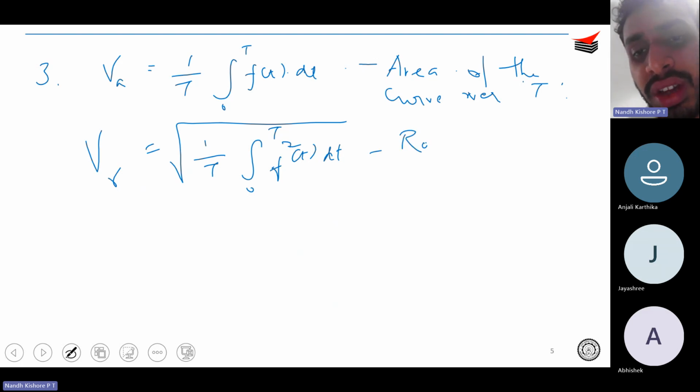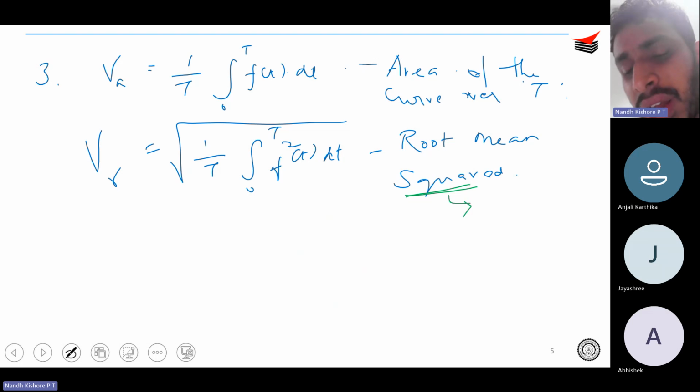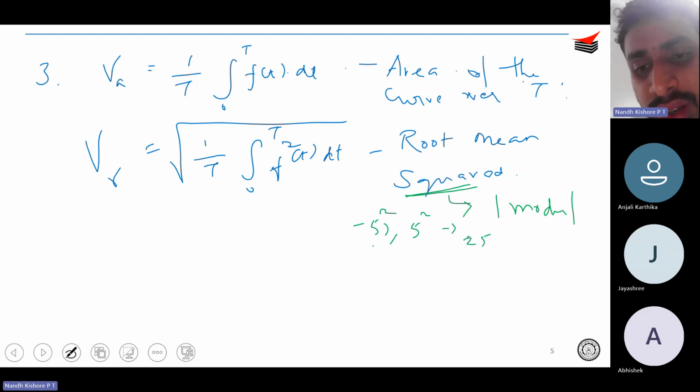So this is actually root mean squared. If I tell that I'm squaring it, right? It means that basically I am taking the modulus, correct? Because if I square minus 5 and if I square 5, I'm going to end up with 25, right?